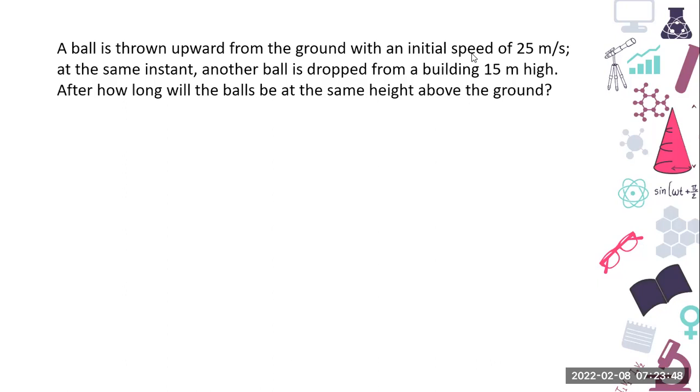Okay, this is a free fall problem, and it talks about two balls. One being dropped to the ground, and another one being thrown up from the ground. Okay, let's just illustrate it quickly.